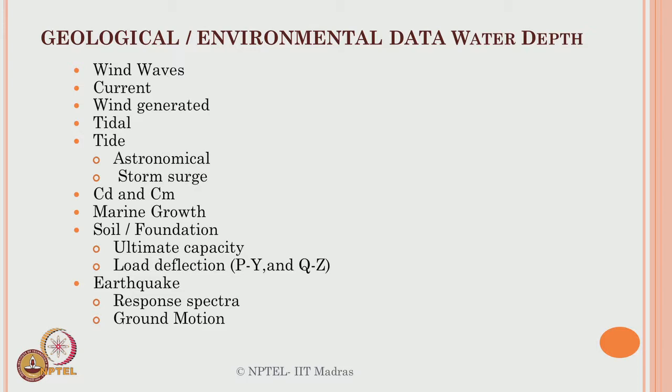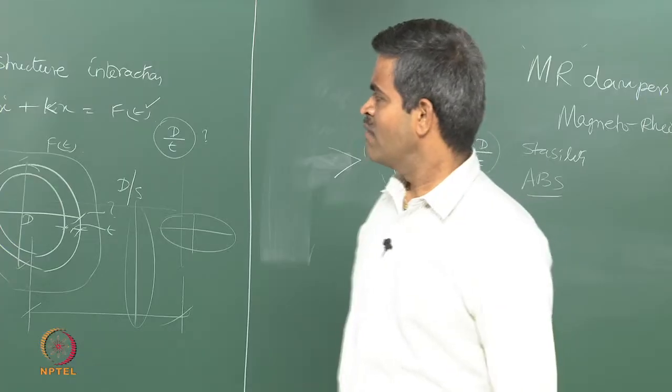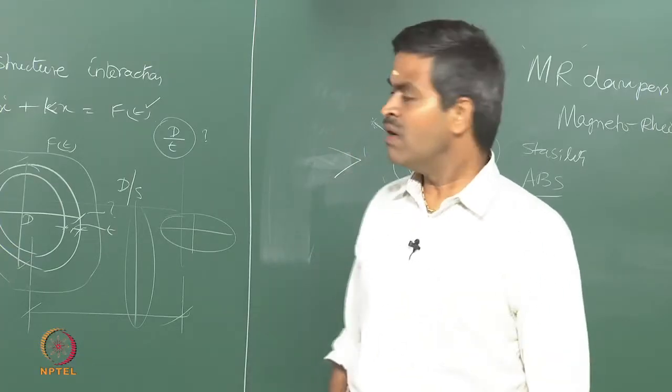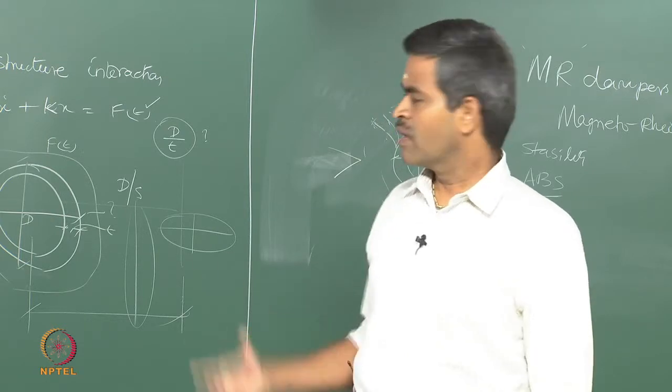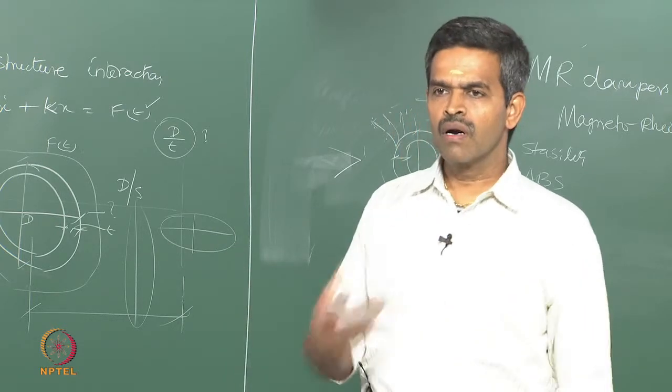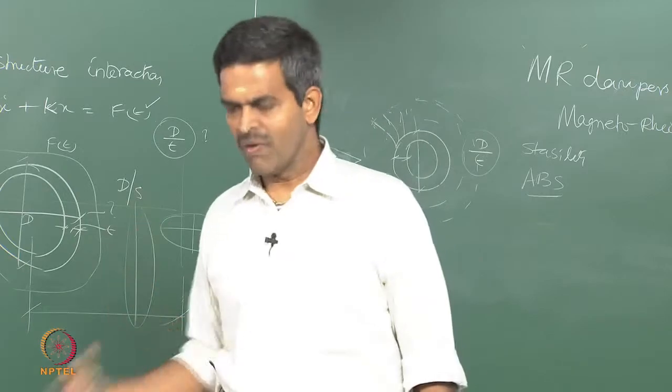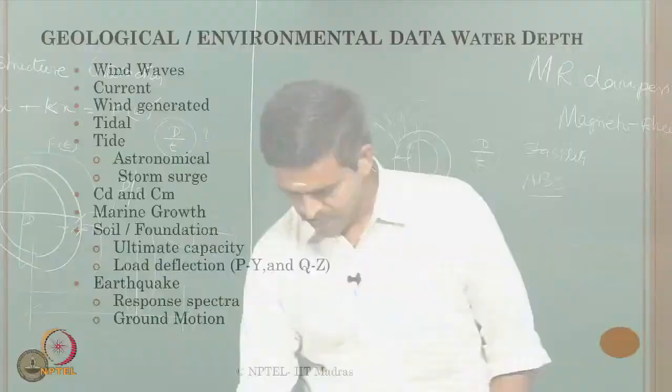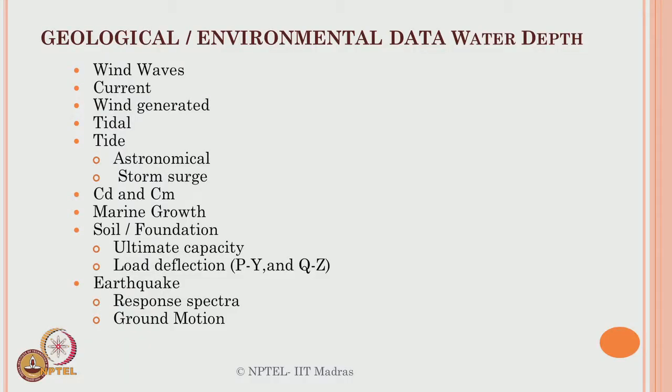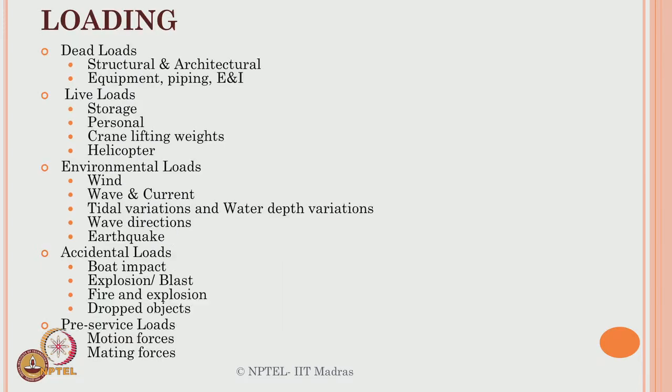Of course, earthquakes in the specific sector, which will result in perhaps a response spectrum or at least a ground motion or peak ground acceleration time history, should be available to me as input data, along with the geological and environmental data for the given water depth where the system will be installed.